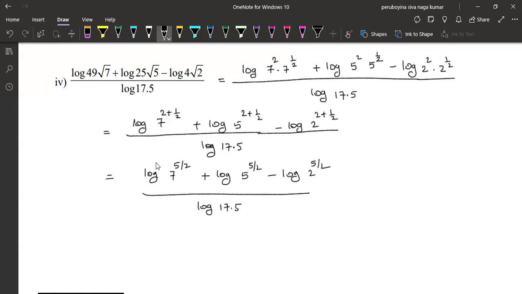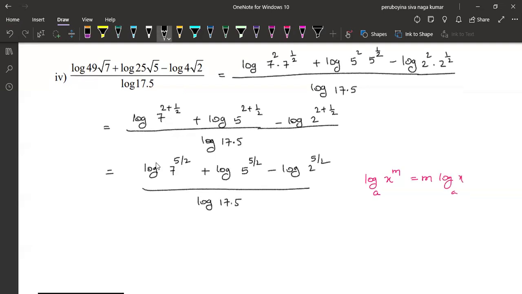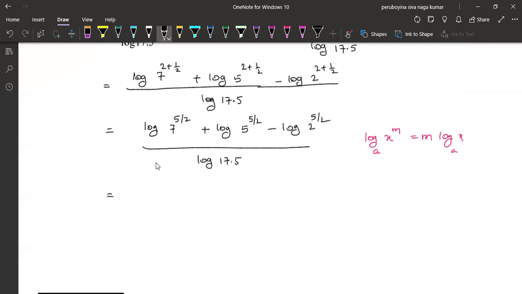Now, we know that logarithm, if it has any power, suppose log x power m base a is equal to m log x base a. So using this property for the 3 numbers, the numerator is 5 by 2 into log 7 plus again 5 by 2 into log 5 minus 5 by 2 into log 2 and whole divided by log of 17.5.